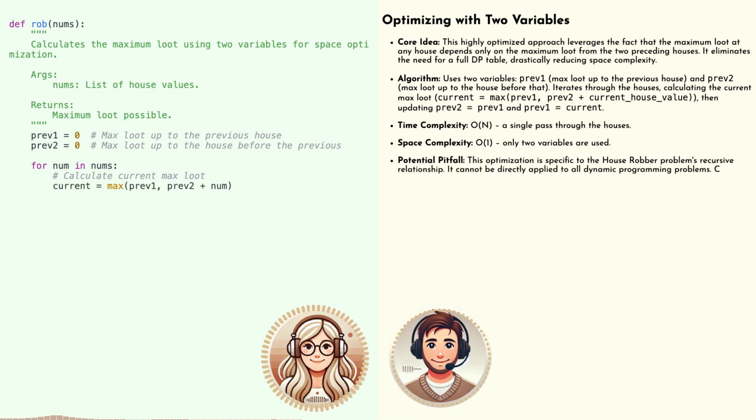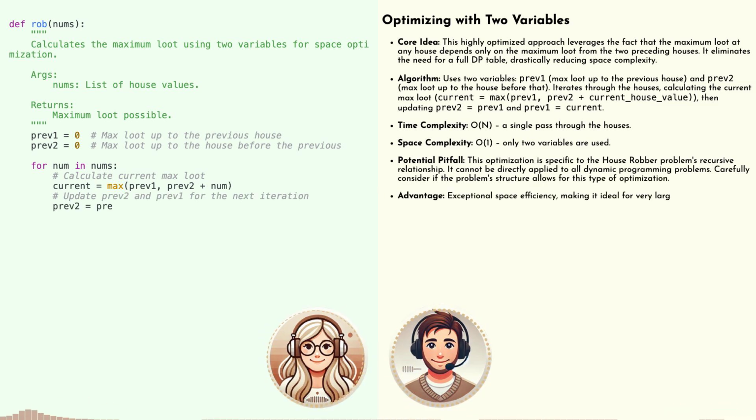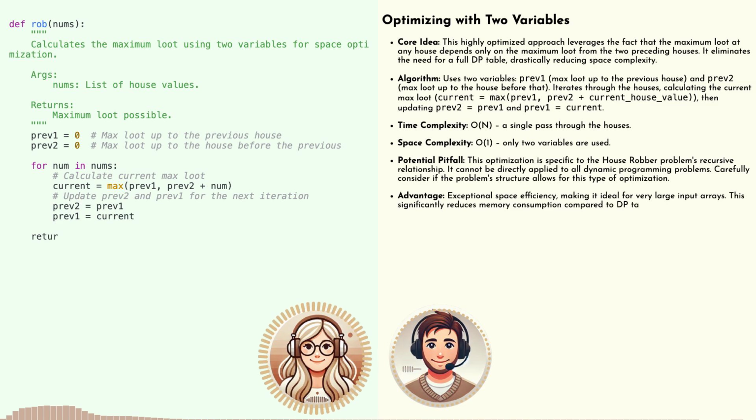Exactly, just those last 2. So what if instead of a table, we just use 2 variables? Wait, 2 variables instead of that whole table? Ditch the table, and we'll still get the same answer. My mind is blown. It's all about optimization. We just need the most relevant information, and those 2 variables hold the key.